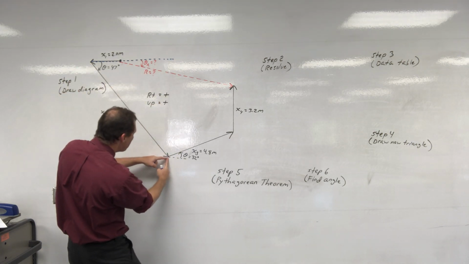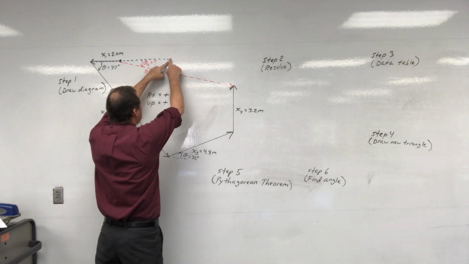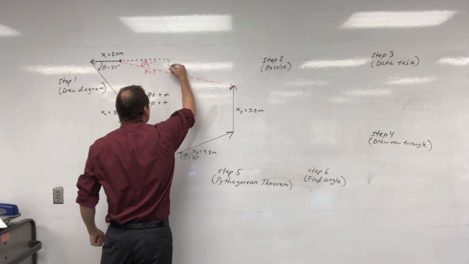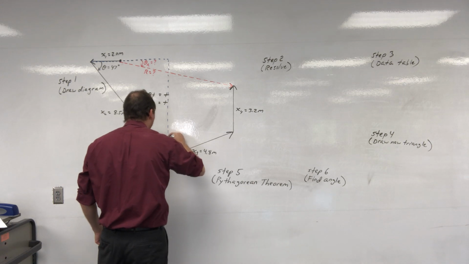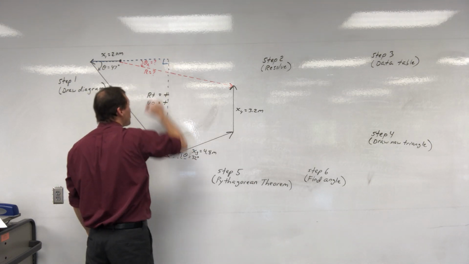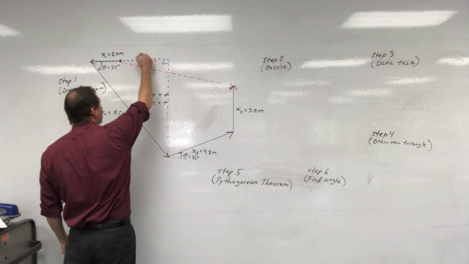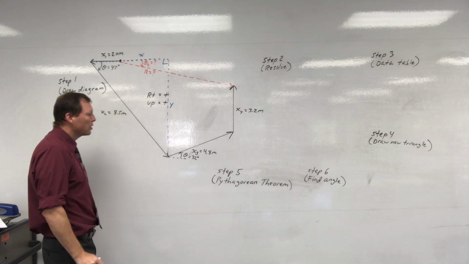And the bottom of this vector right here, so I'm going to go up, and it looks like I overshot the mark a little bit, so I'm going to erase a little bit of that. And then I'm going to go straight down. And I want to create a right triangle. Notice I got a right triangle there that includes my angle. So I want to find the horizontal component, and I want to find this vertical component.